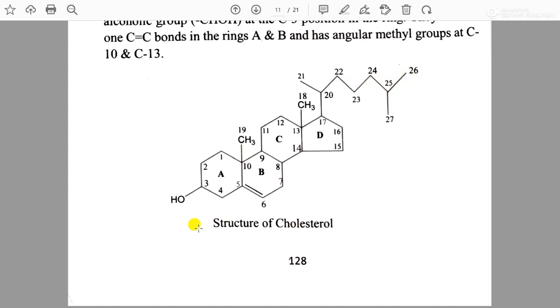So this is the structure of cholesterol. In total, you can see that there are 27 carbon atoms present in this structure, and there is 1 OH group, 2 angular methyl groups, and also 1 carbon-carbon double bond. You have to learn this structure of cholesterol.